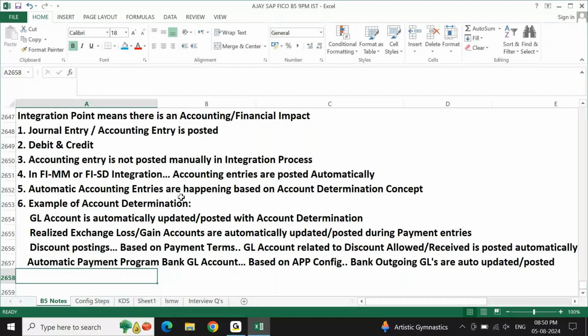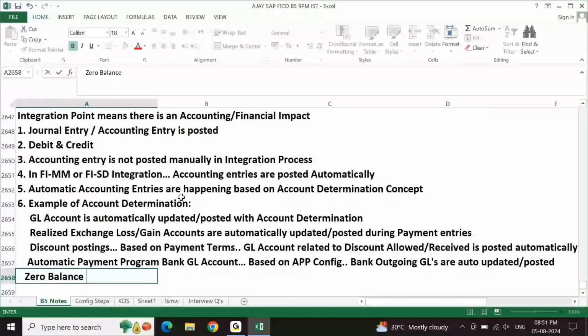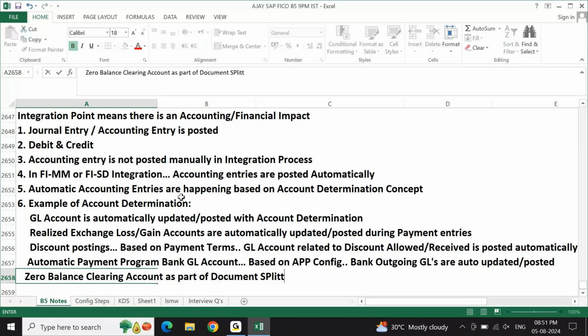And there is one more point called zero balance clearing account as part of document splitting.